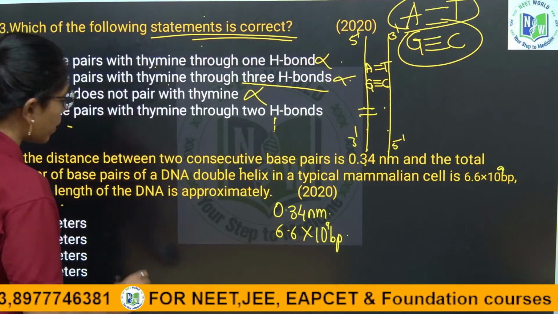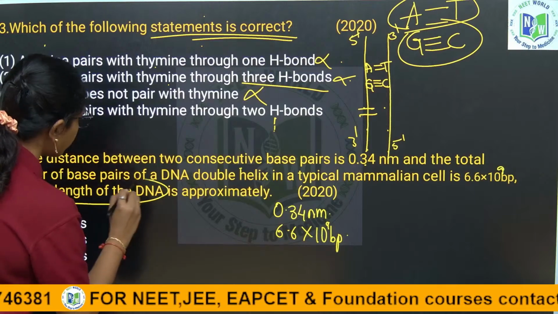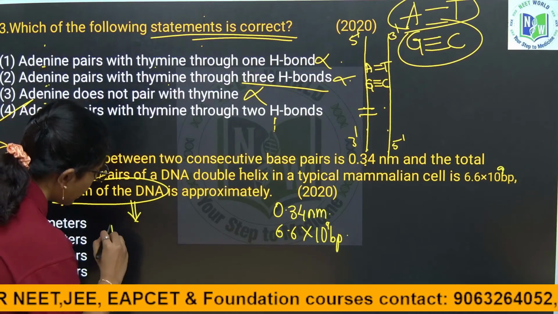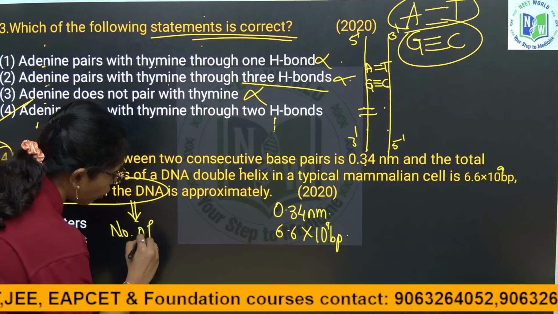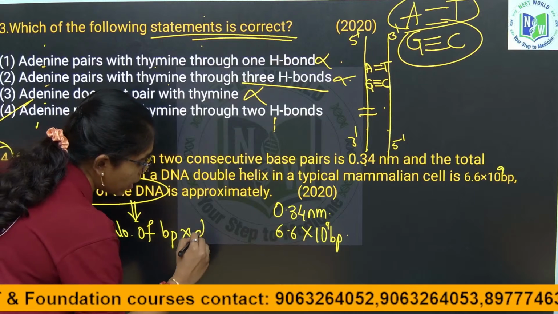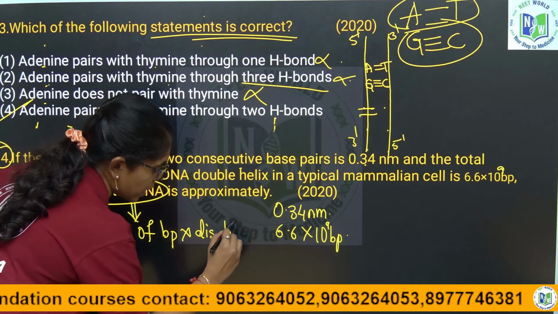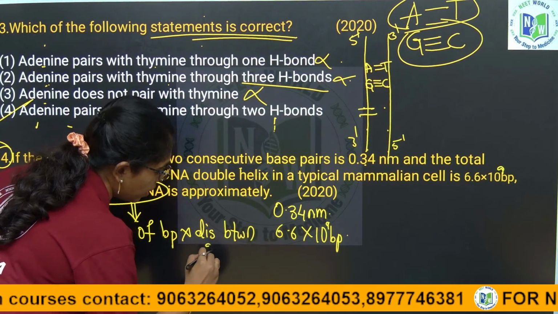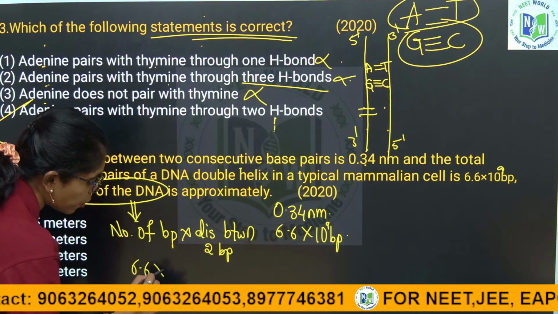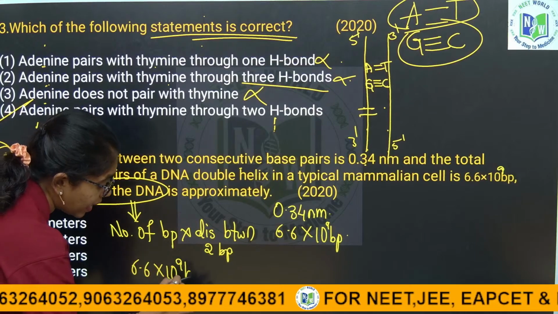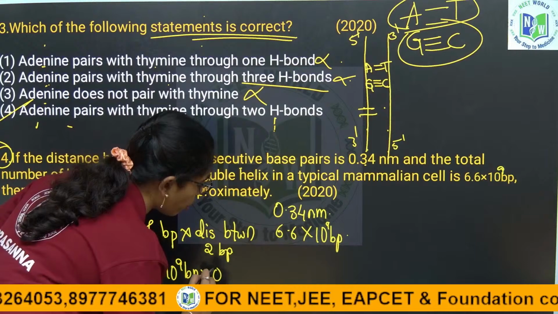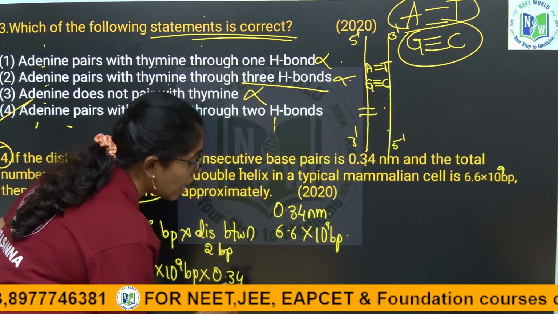You have to remember this formula. The length of DNA is equal to total number of base pairs into distance between two base pairs. That is 6.6 into 10 to the power of 9 base pairs into 0.34 nanometers.